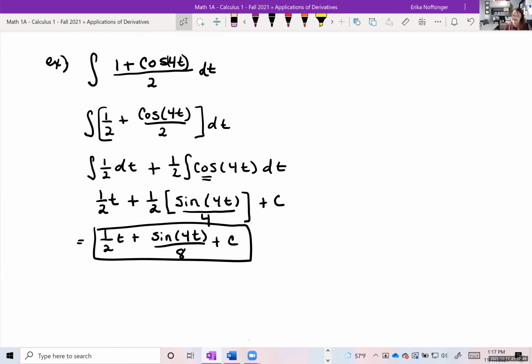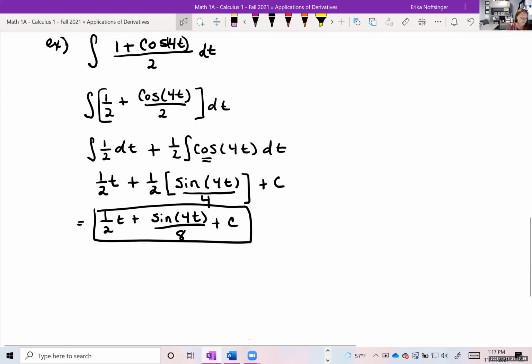So finding the antiderivative can help us with some applications. Remember, we're adding c all the time here, and maybe there are times where we have information where we can find what that constant is. These are called initial value problems.